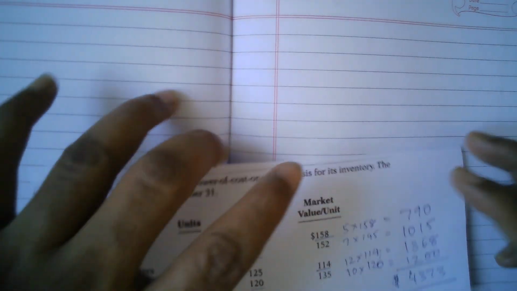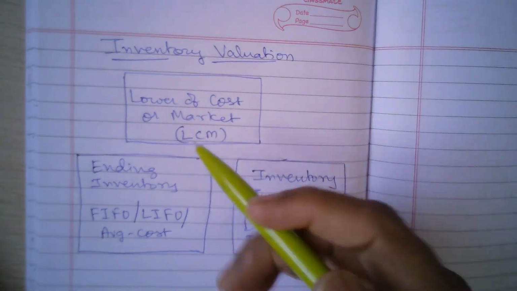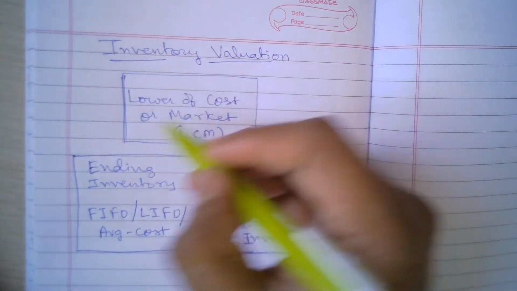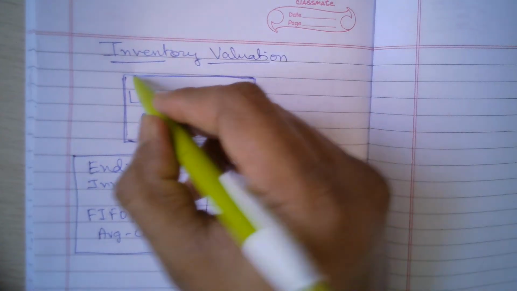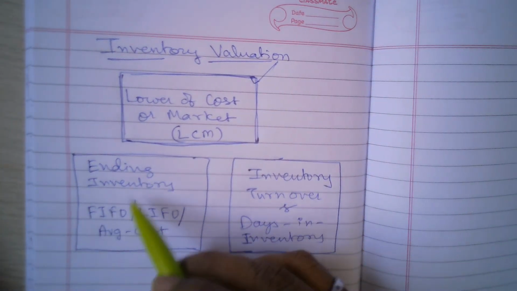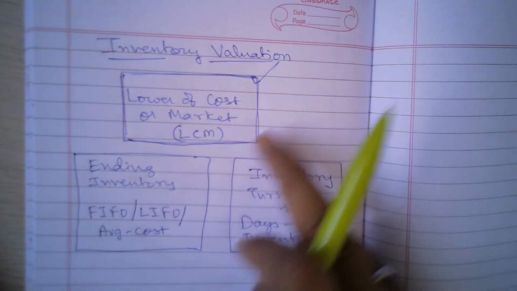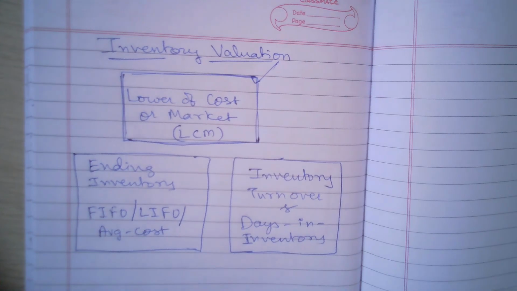You will find a lot of problems online. Try some problems and practice. Now I would like to conclude this concept, the lower of cost or market. Next we will go into another concept, determining the ending inventory. On this we will try to solve 2-3 problems, because this one is very simple. You just take the lower value.